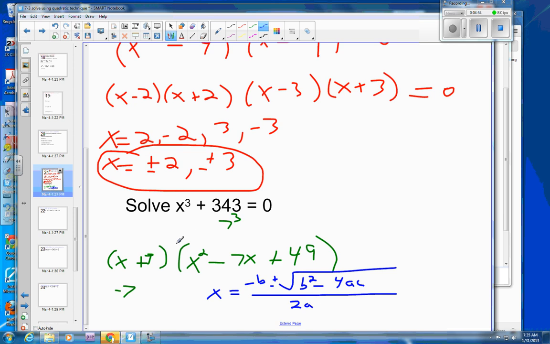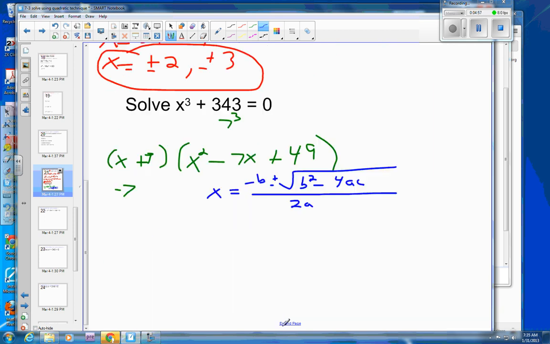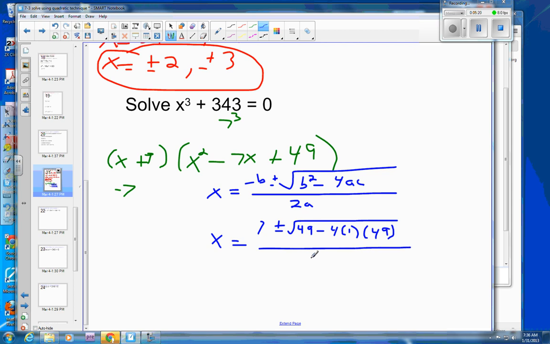And we plug this stuff in. So x equals negative b. b is negative 7, so that becomes a positive 7, plus or minus the square root. And then b squared, so that becomes a 49, minus 4 times 1, which is a, times c, which is 49. And all of that goes over 2a, and 2a is 2.